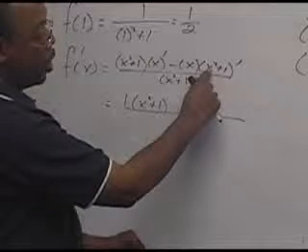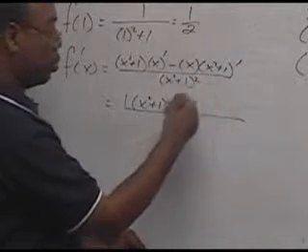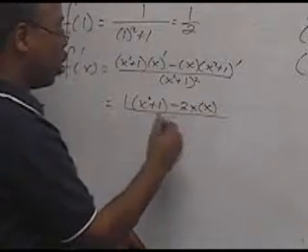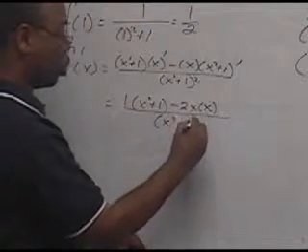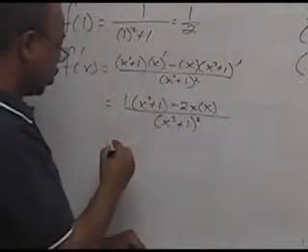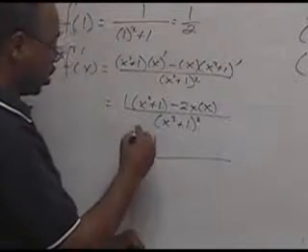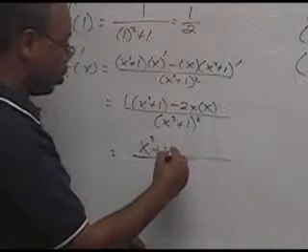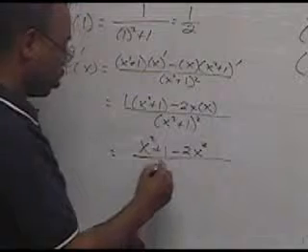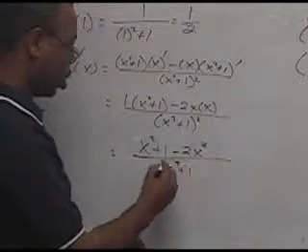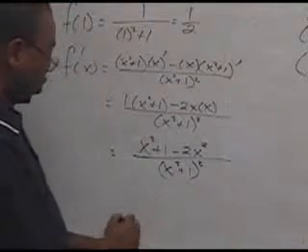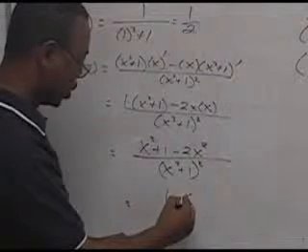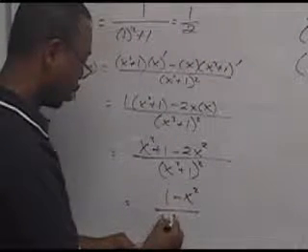The derivative of x squared plus 1 is 2x, so this will be 2x times the x. And all that will be over x squared plus 1 squared. Alright, this cleans up a little bit. We get x squared plus 1, and negative 2x times x is minus 2x squared. That's all over x squared plus 1 squared. This will clean up once again. We'll collect like terms, and we'll get 1 minus x squared all over x squared plus 1, squared.